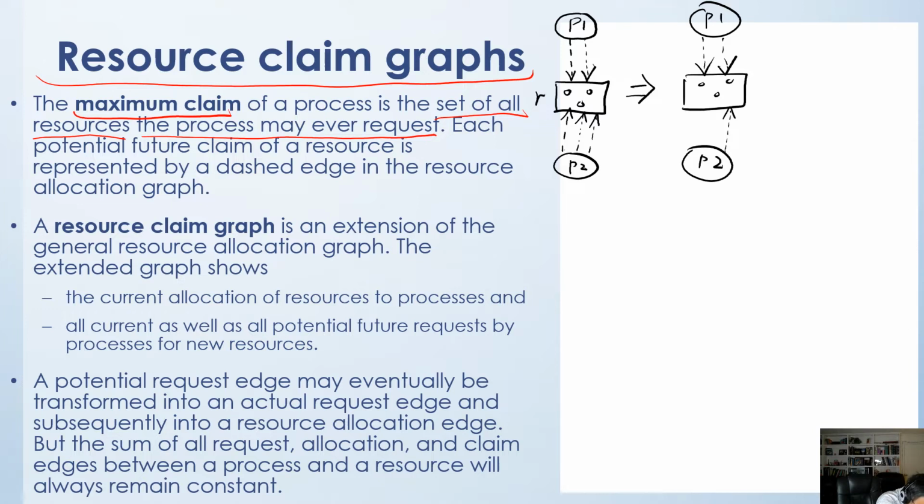So we change 2 of the claim to a request. And then we find out all 3 units are available. So process 2 can actually acquire the resources, and this request quickly becomes an allocation.